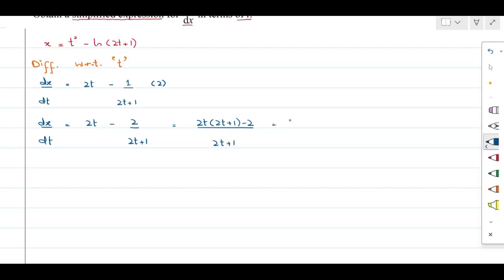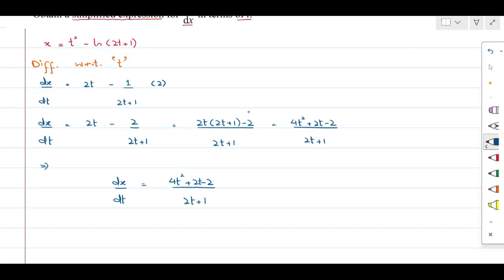So that is 2t times 2t, 2 times 2 is 4, t times t is t square, plus 2t minus 2, divided by 2t plus 1. So this is the expression for dx over dt, right? Now let me write down dx over dt. That expression is 4t square plus 2t minus 2 divided by 2t plus 1.